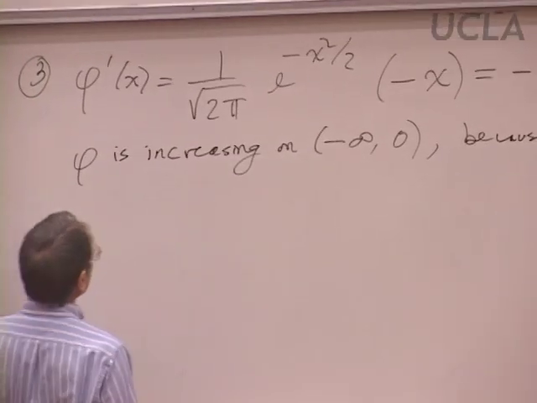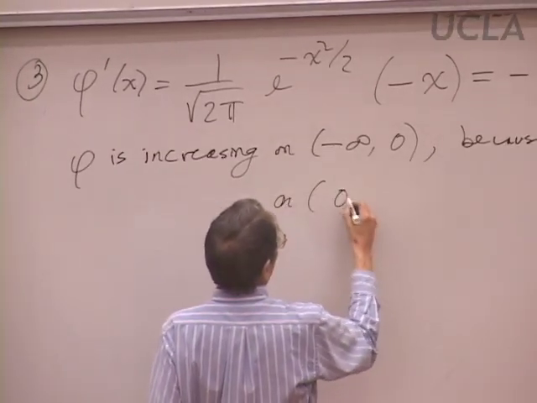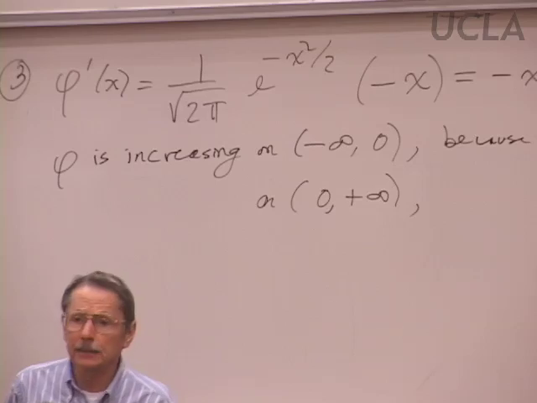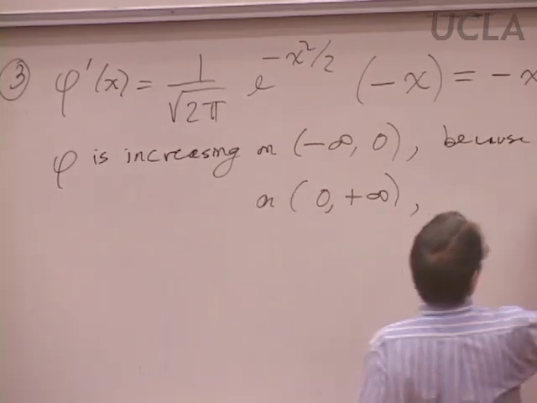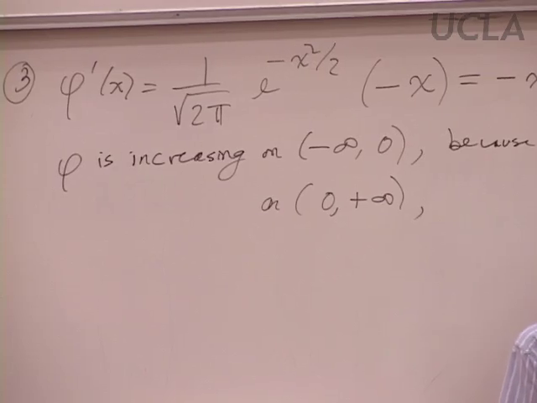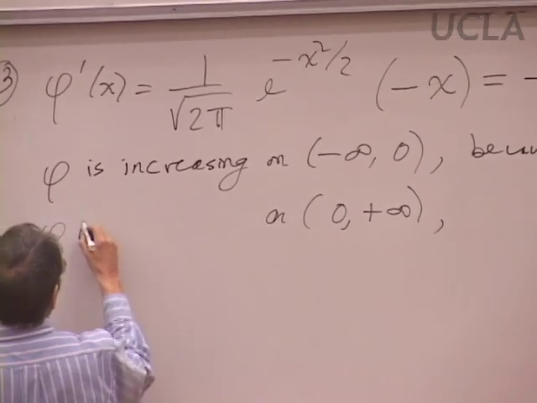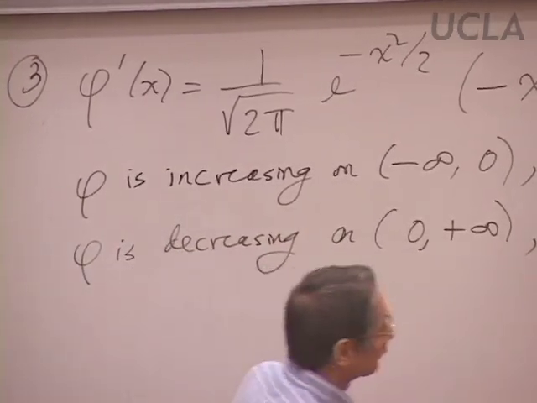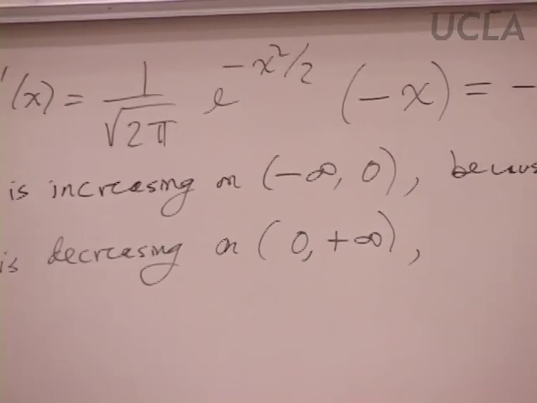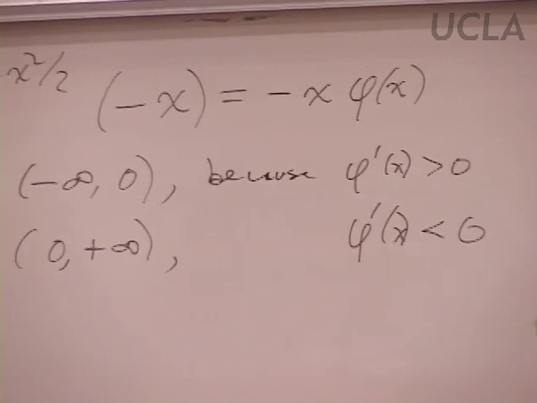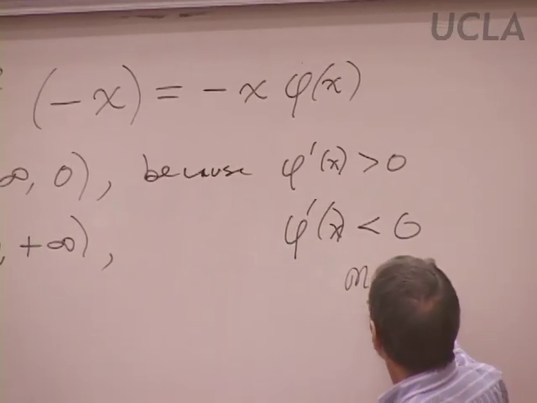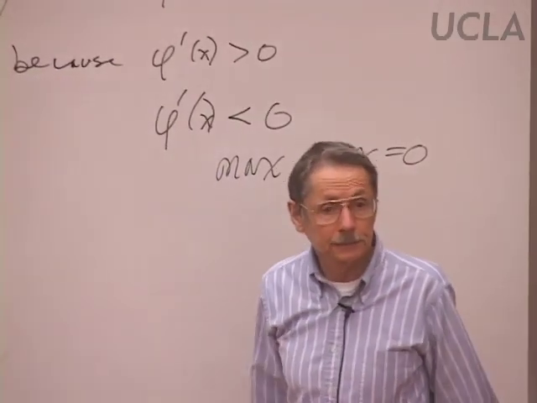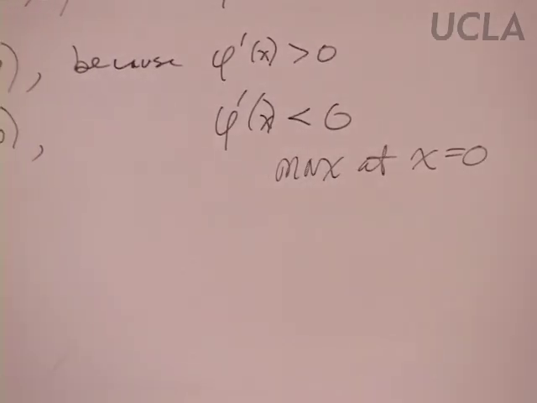And for the right half of the picture, 0 to plus infinity, now x is positive, minus x is negative. Phi prime's negative. We know the function is decreasing. Well, so it's got a maximum at 0, because to the left of that it's increasing, and then it starts to decrease.